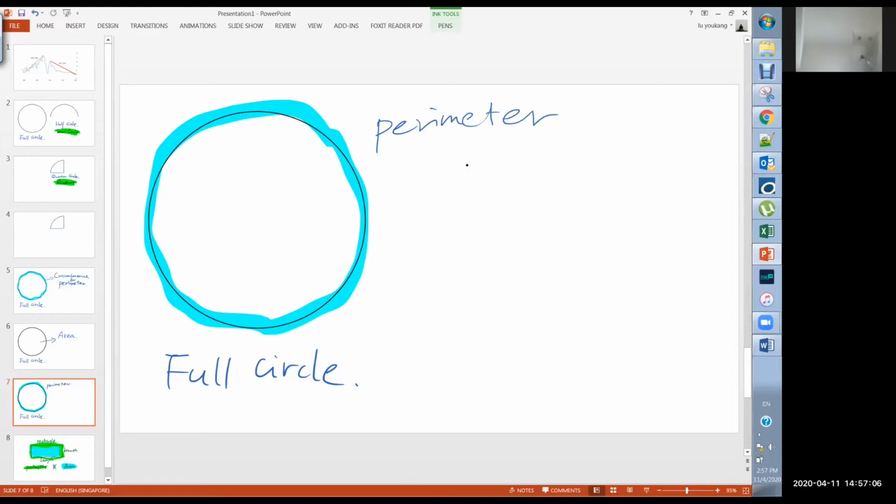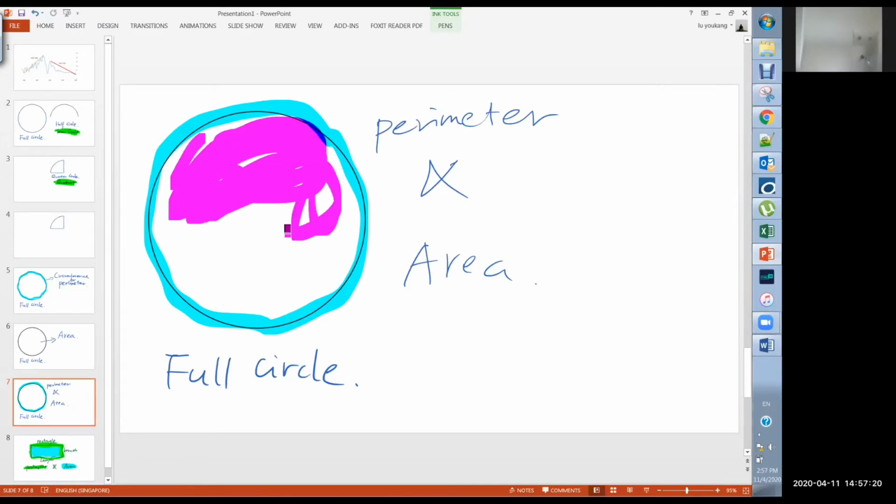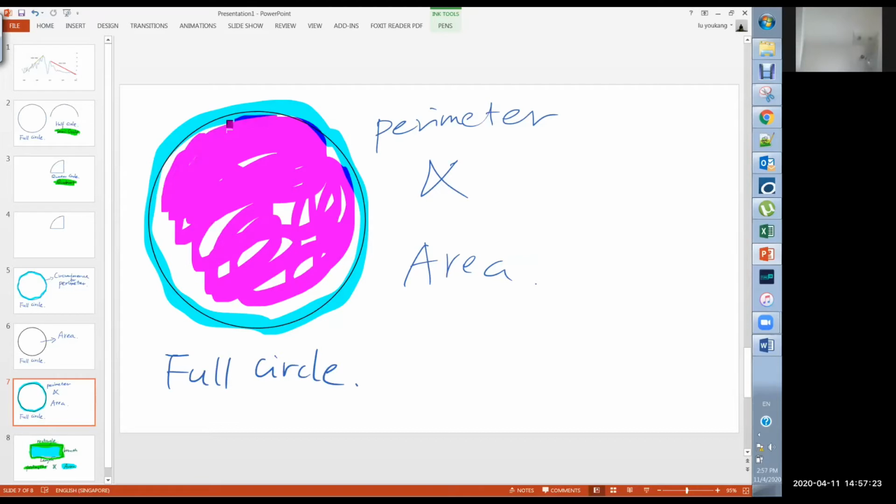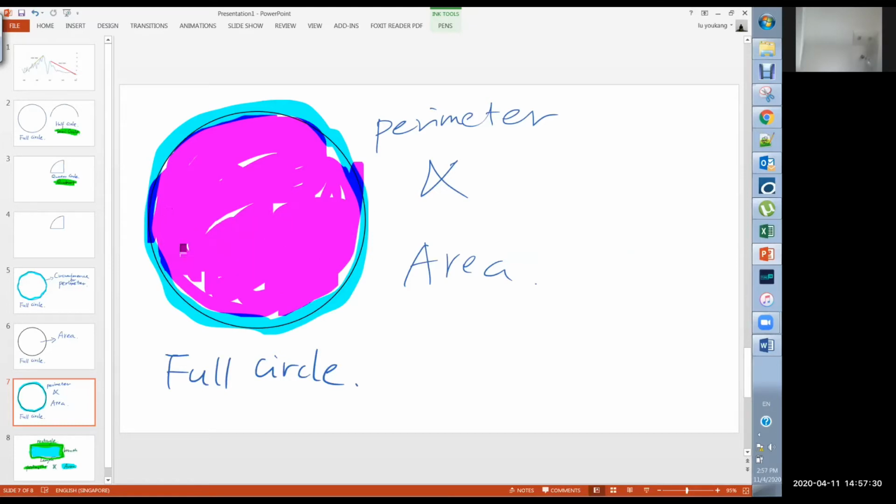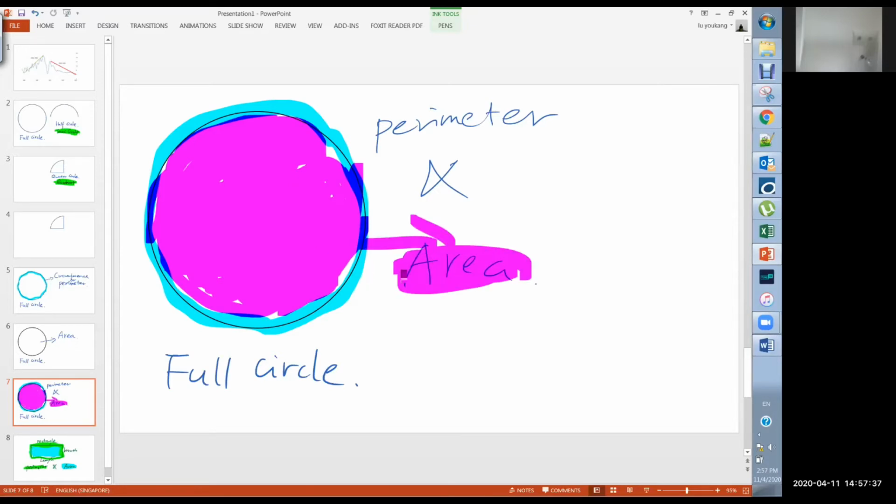Then which one is your area? Inside, right? So let me shade it. Of course it's not very perfect, but you should know what they are asking. So this one will be your area, the purple one. Okay, good.